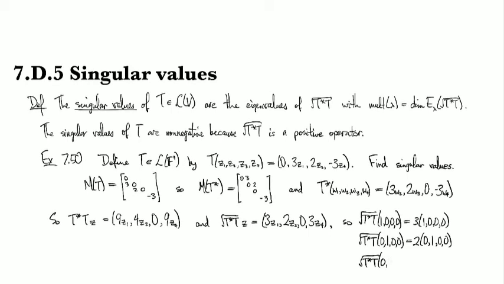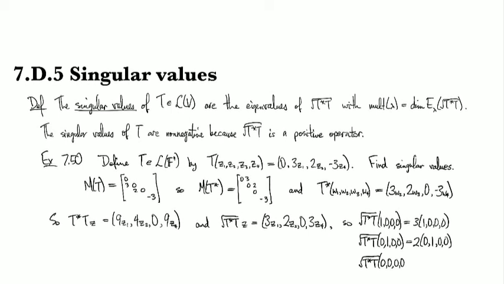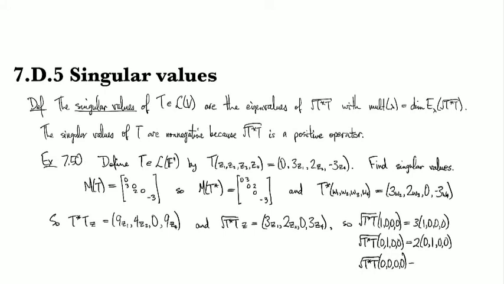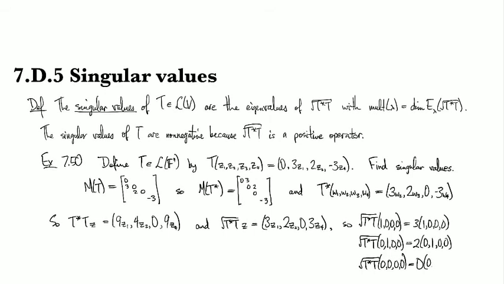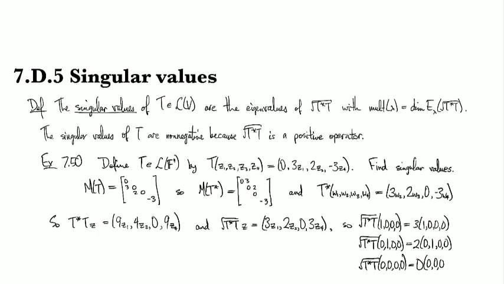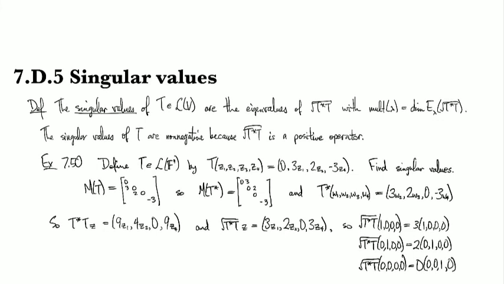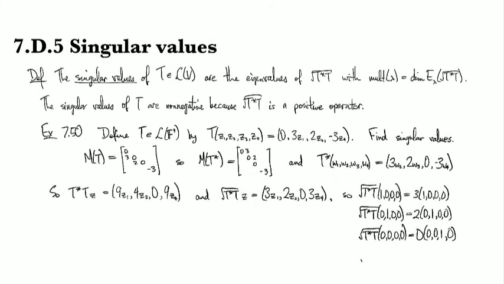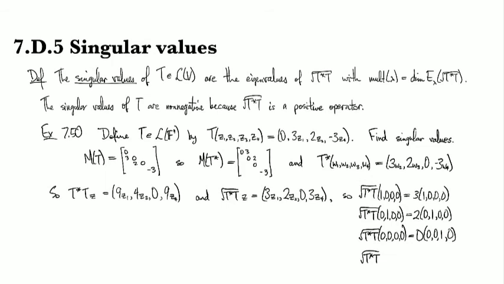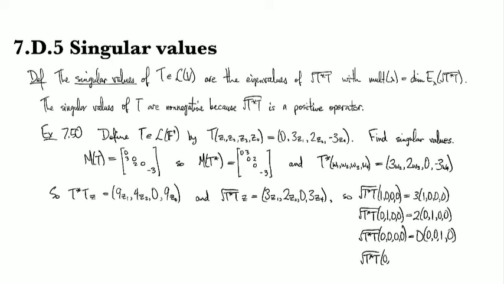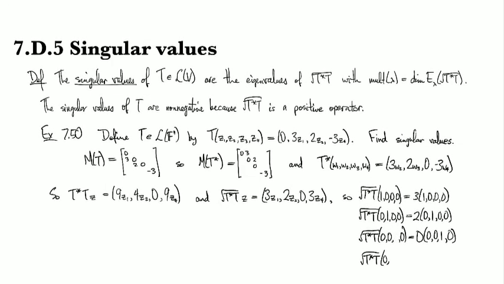On the third unit basis vector, we get 0. And last but not least, on the fourth, oh, I just realized I made a typo in the line above.